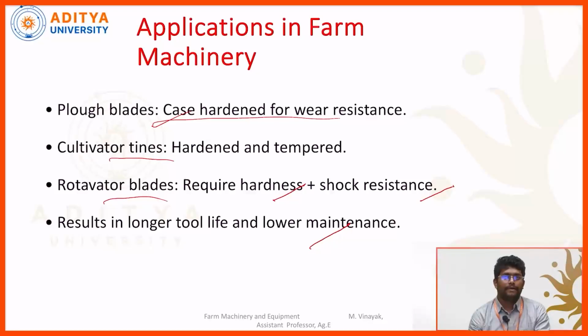Whatever implement is used for the construction of farm machines should have a long life as well as low maintenance. Why? Because the farmers cannot maintain the tillage implements. They don't know how to maintain them. So for that purpose, the material should have a long life and maintenance should be less.